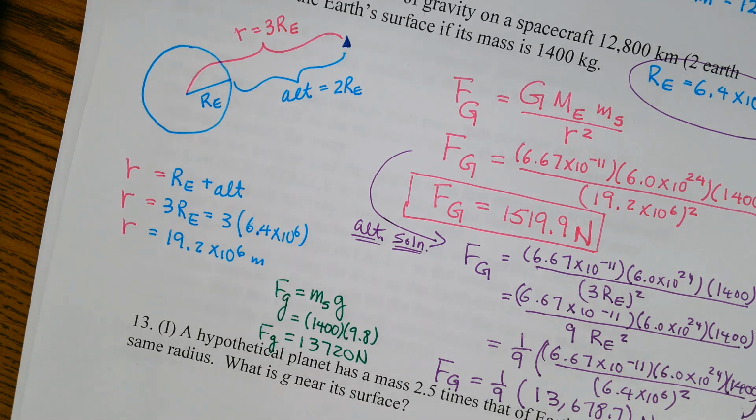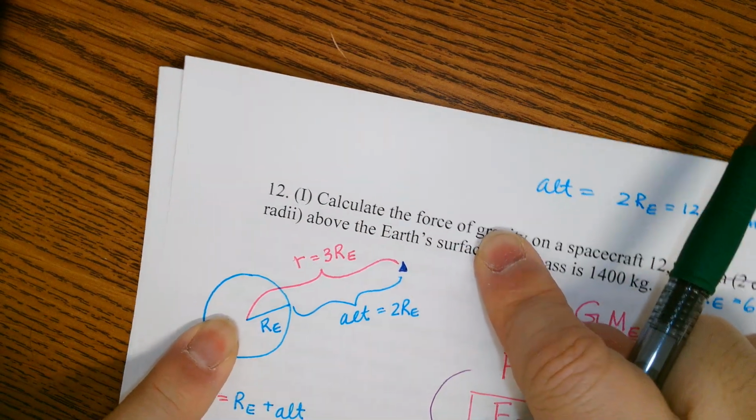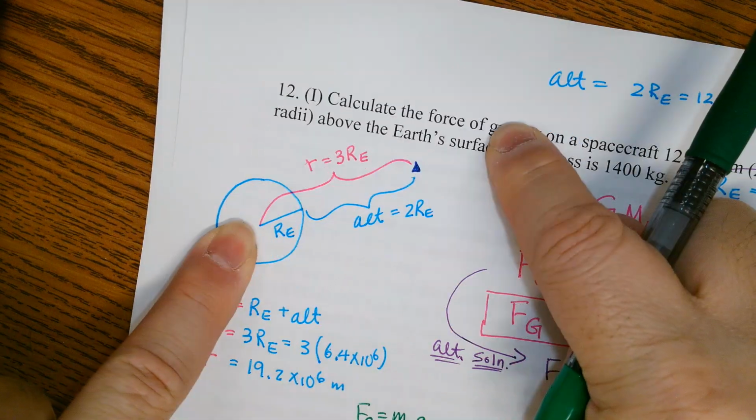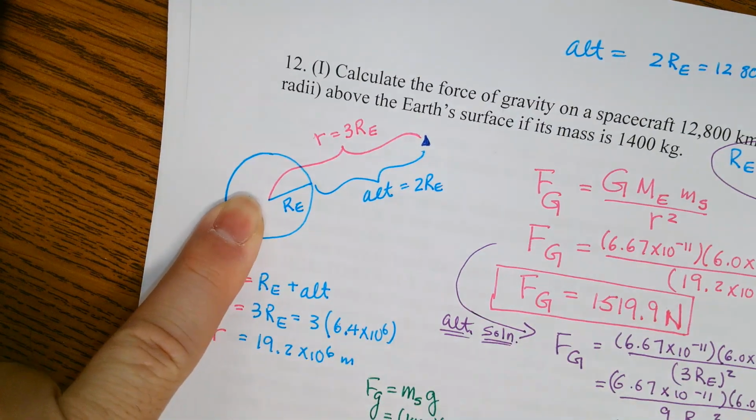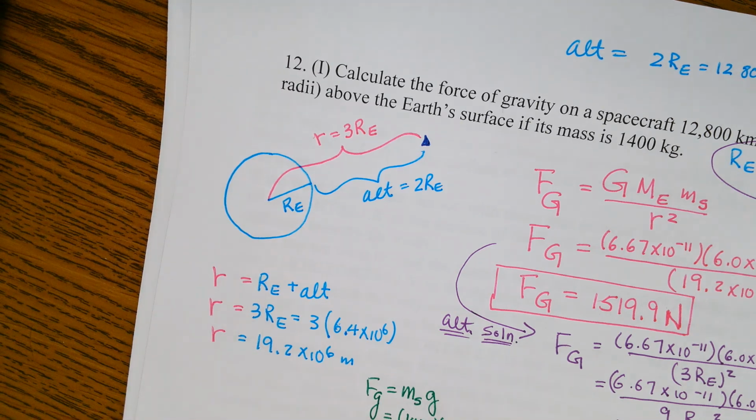So if it's doubled, it'll be 1/4. If it's tripled, then it'd be 1/9. What would happen if you do 4 times the radius of the Earth? 1/16 of this. So the further you go out, the gravitational force becomes weaker and weaker. It gets weaker by 1 over the radius squared.